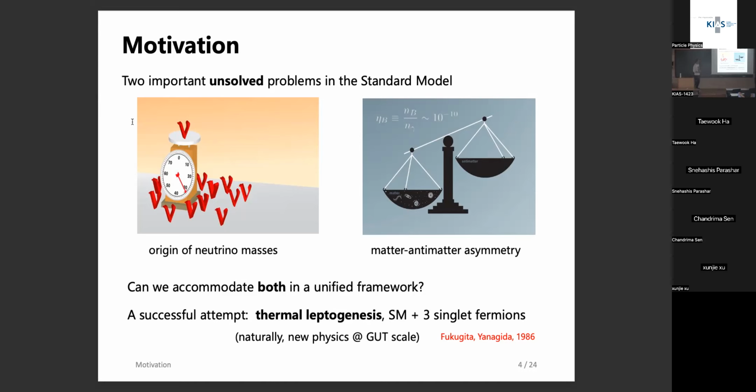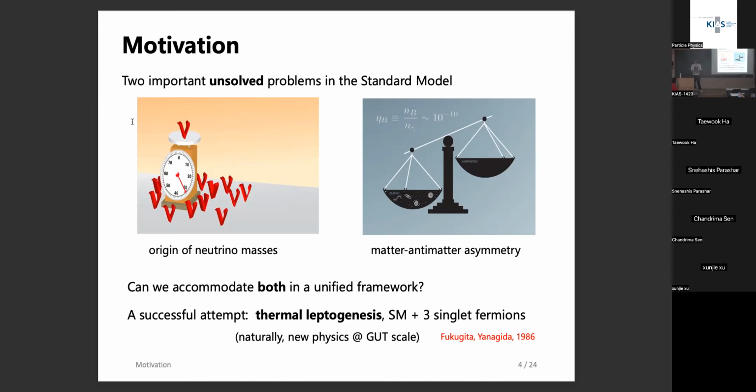Then can we explain both of these two important questions in a unified BSM framework? A very successful early attempt is thermal leptogenesis, proposed by Fukugita and Yanagida in 1986.